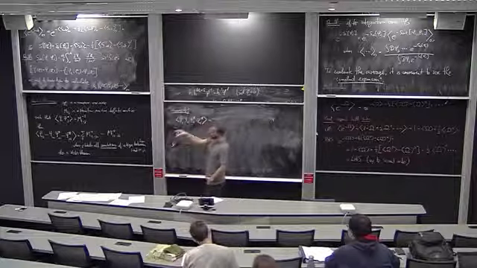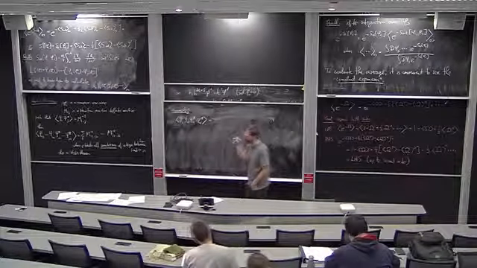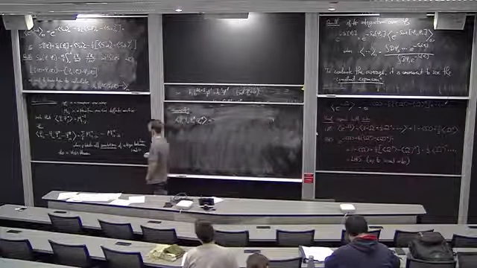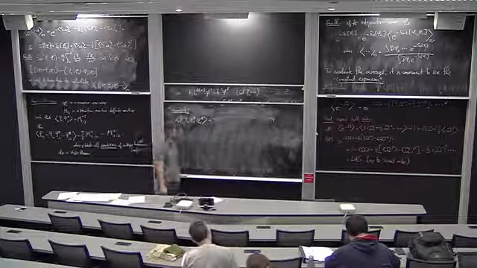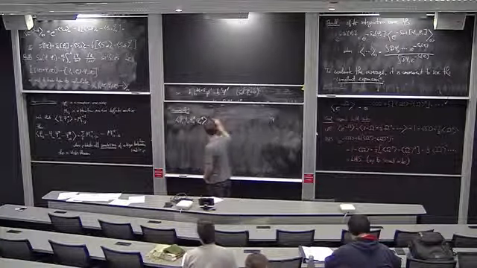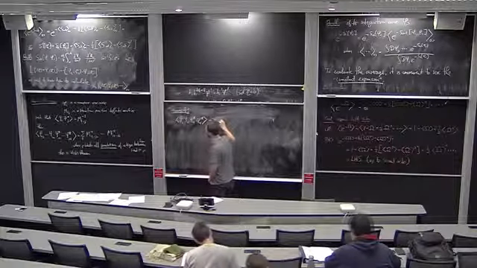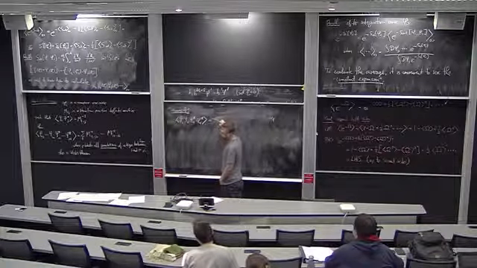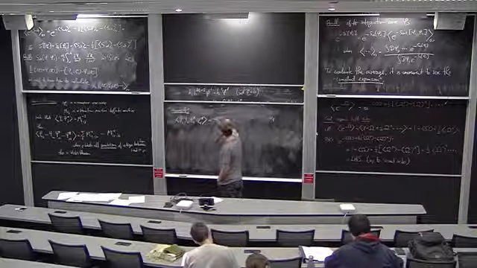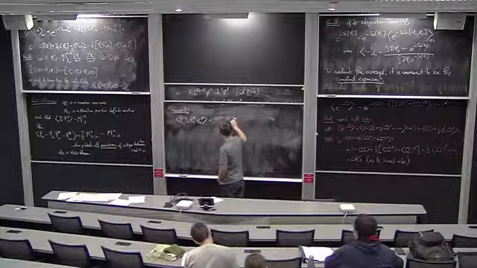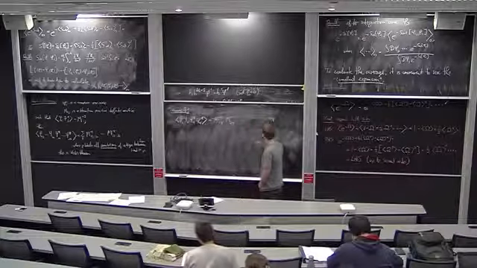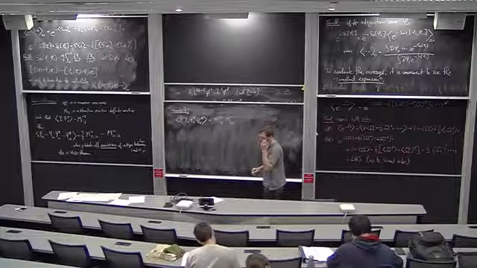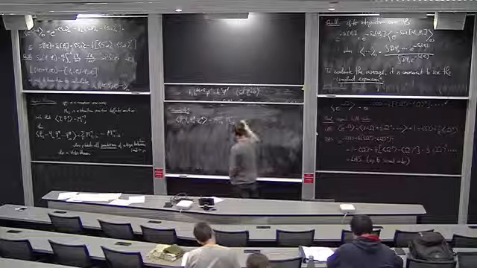So it's a sum of all products of this matrix or this 2-point function. So for example, this is one permutation, 1, 3, 2, 4. But there's another one, 1, 4, and 2, 3.